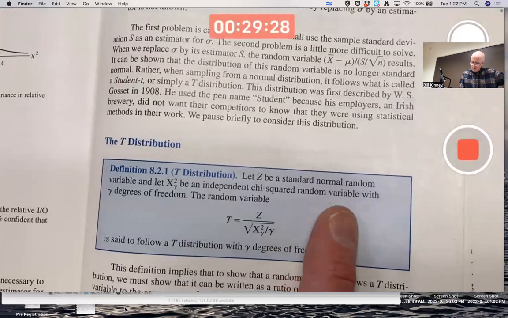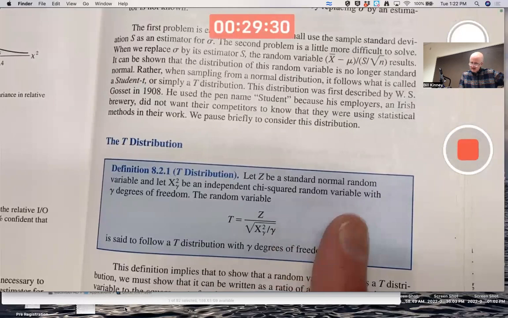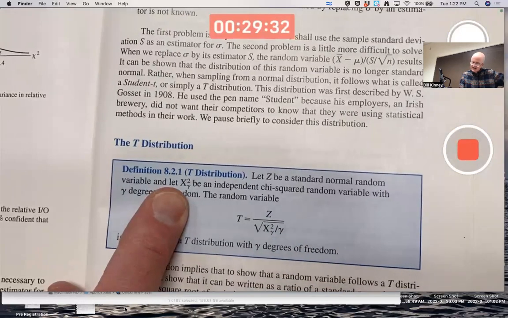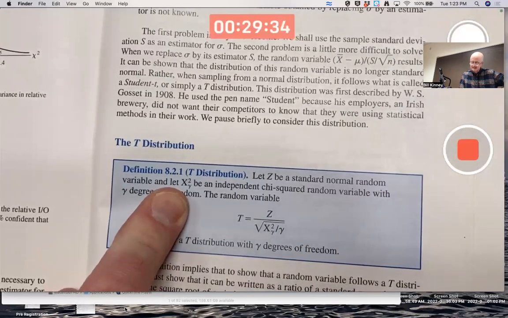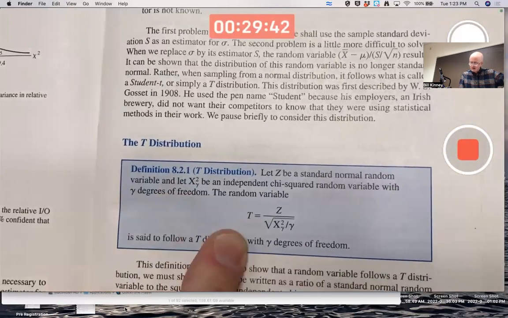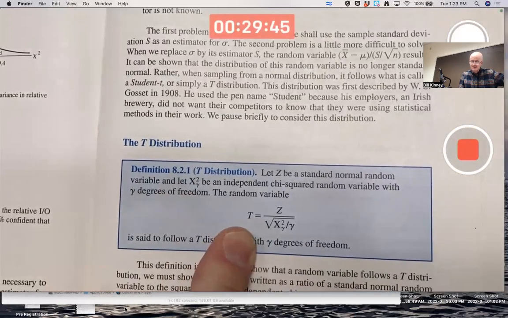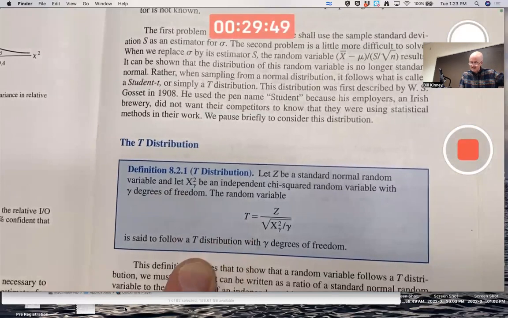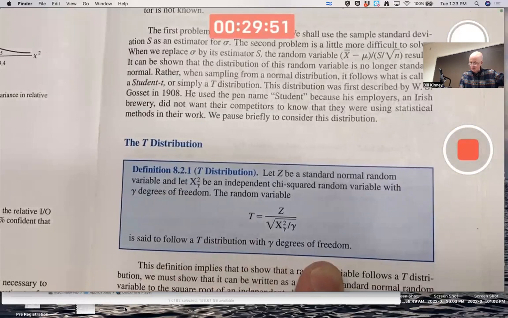If Z is standard normal, and capital chi sub little gamma is an independent chi-squared random variable with gamma degrees of freedom, then this crazy looking random variable, Z divided by the square root of chi squared over little gamma, is a T distribution with gamma degrees of freedom.